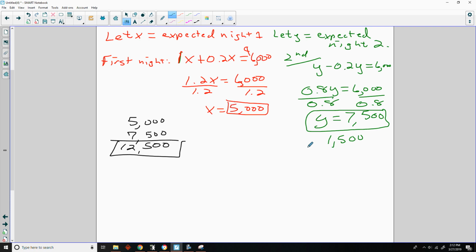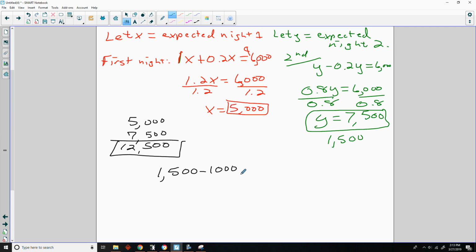All right, so where were we? The second night was attended by 1,500 less than expected. That's right here. So if I take that 1,500 and subtract 1,000, and the 1,000 is coming from here. They expected 5,000 but got 6,000 attendees. They expected 7,500 but got 6,000, so there was a 1,500 discrepancy here and 1,000 here.